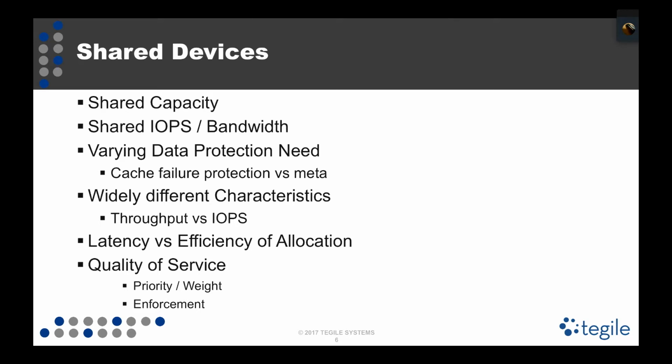Secondly, there are very different characteristics in the applications. For example, log is completely sequential. You're just writing big logs, but metadata is completely random, IOPS bound. Essentially, in any file system you will always see a bimodal pattern of usage, either in throughput or in IOPS.